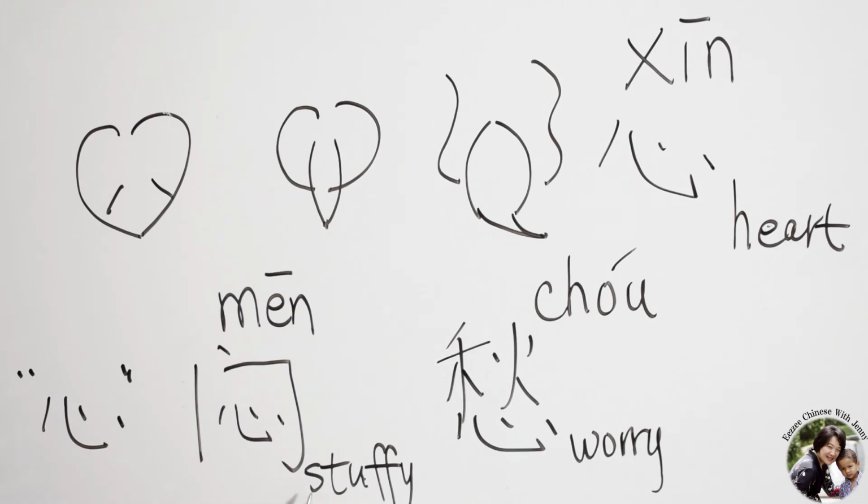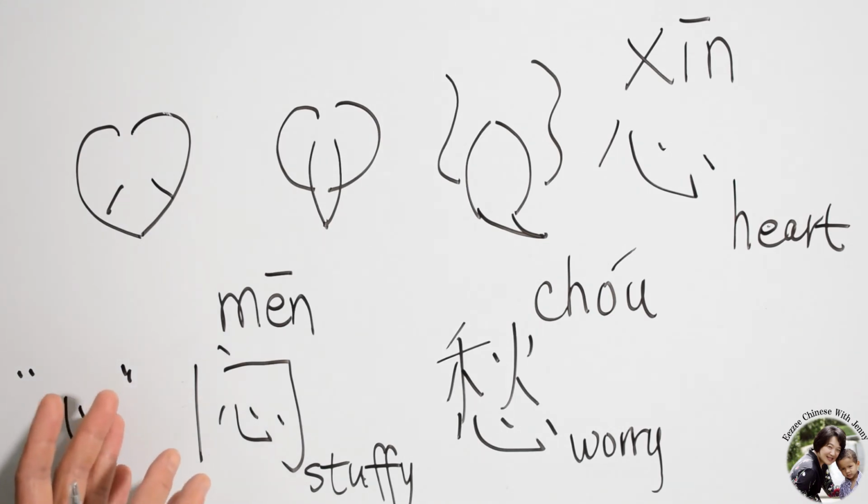It is an adjective. You can describe, today's weather is very stuffy, or men. It is also a verb, a way of cooking in China, especially a big piece of meat you put in the pot, cover the pot, and cook on low fire slowly for a long time.